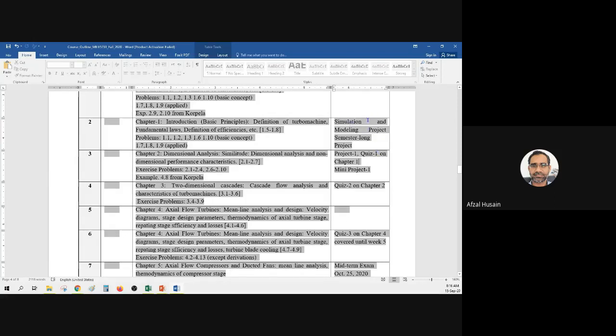Most of the time, when you want to see what is the defect and why your performance is less or more, and what is the correct operating condition for any machine, and what will happen if you change the operating condition, there are two ways: either you can do the experiment or you can do the modeling, and then you can estimate what is going to happen with the machine if you operate it at such and such working condition. So the modeling is important there.